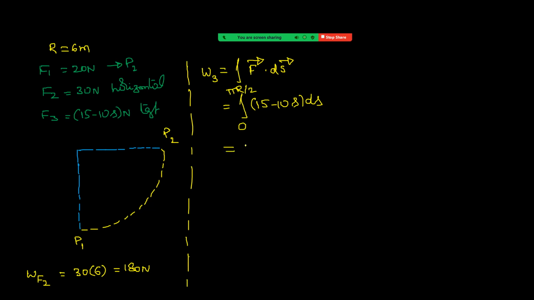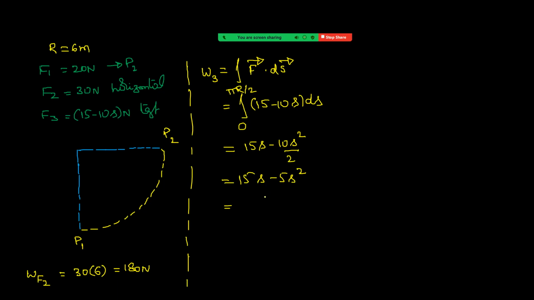Now see the calculation part. 15 s minus 10 s square by 2, so 15 s minus 5 s square. Now take limits: 0 to pi r by 2, with r value 6.